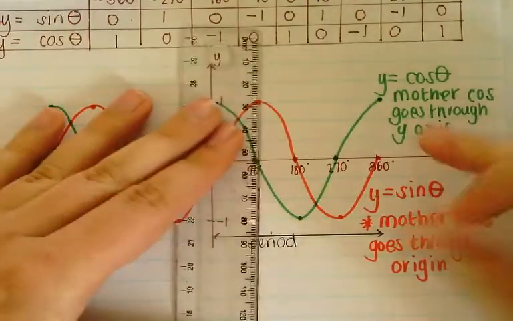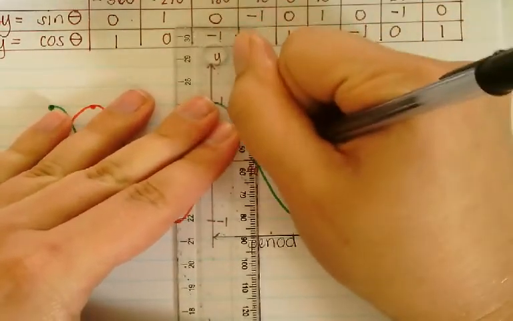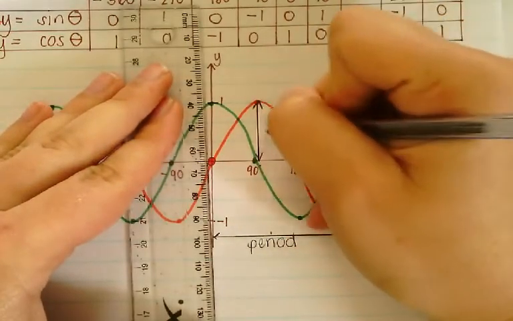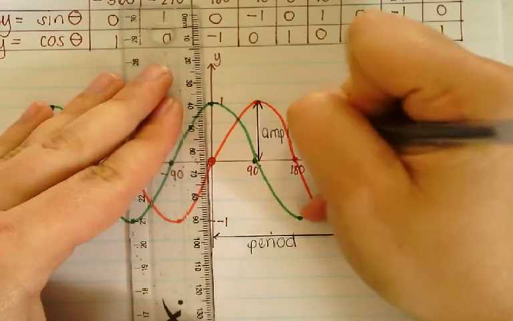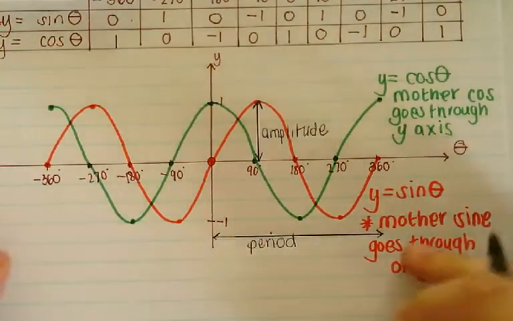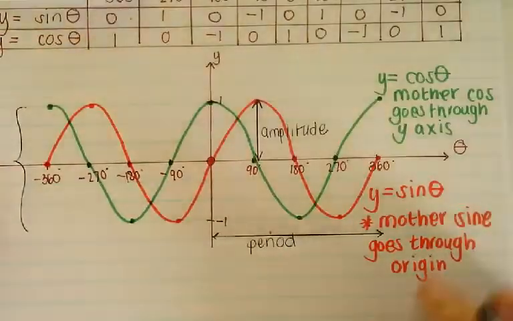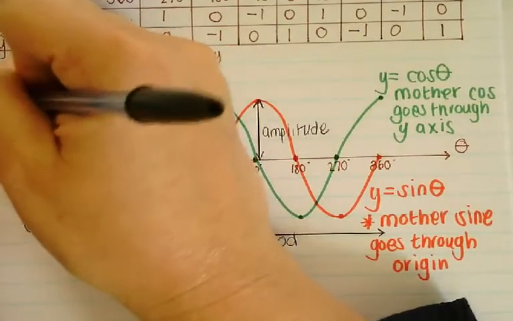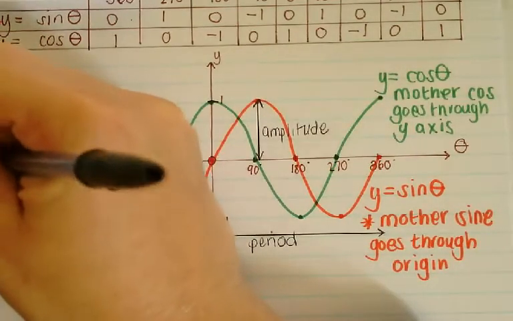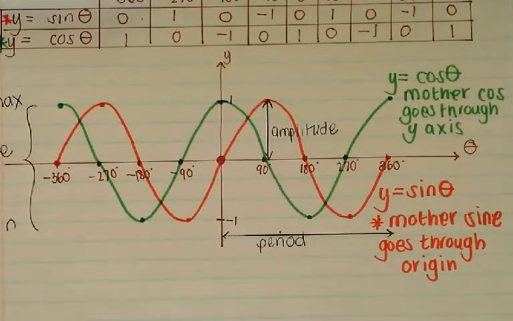From the center of my graph, which happens to be y equals 0, to the crest is my amplitude. And we also have from the maximum value to the minimum value, there's my max, there's my min, is my range. So let's write some of these things down in words.